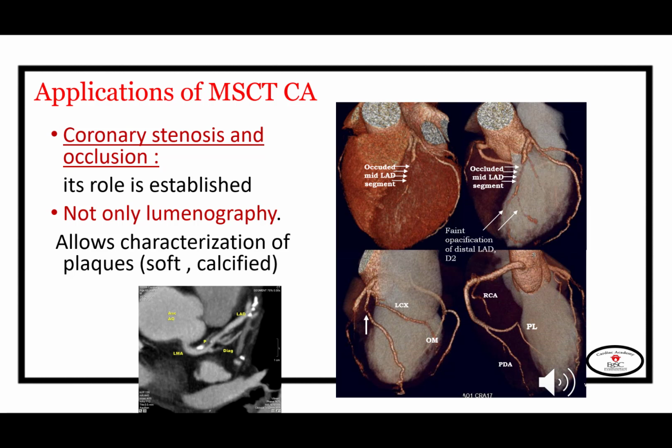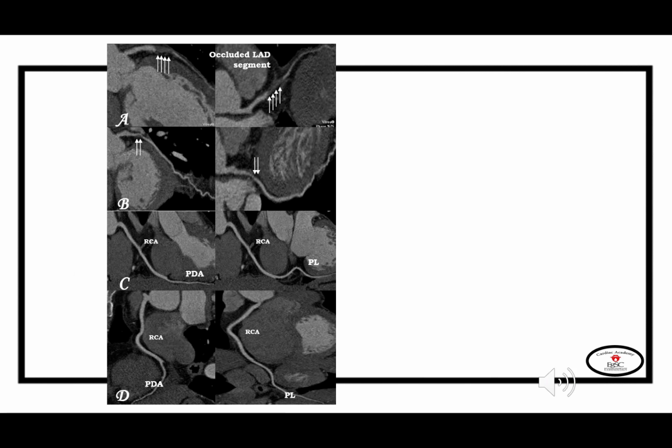And we can use different techniques like the three-dimensional techniques to visualize the segments that are occluded in the arteries. As we can see here, we can also use curved multiplanar reconstruction. For example, here we have an occluded segment in the left anterior descending artery.